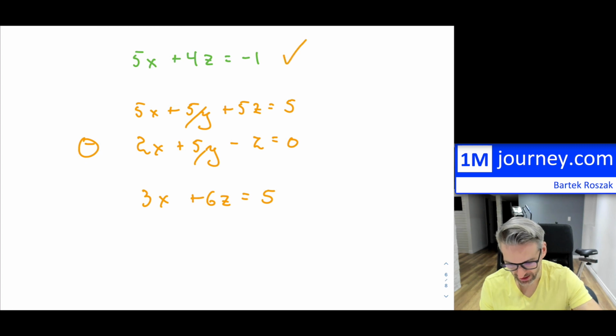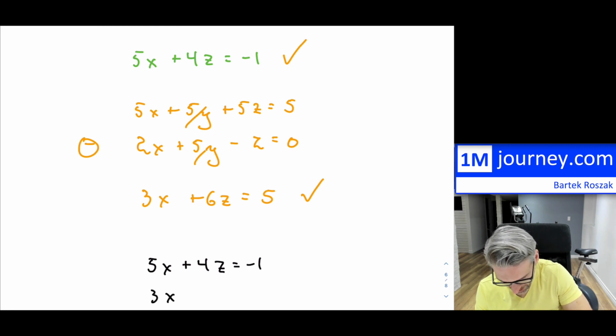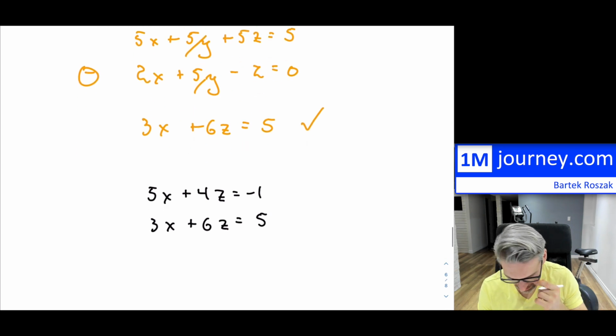So it looks like this was intersecting at a line, and this was intersecting at a line as well. That means let's check now what happens. It doesn't look like they're multiples of each other, so it looks like we're going to have an actual solution here. Now we can get rid of whatever it is that we like. Let's get rid of the x, for instance.